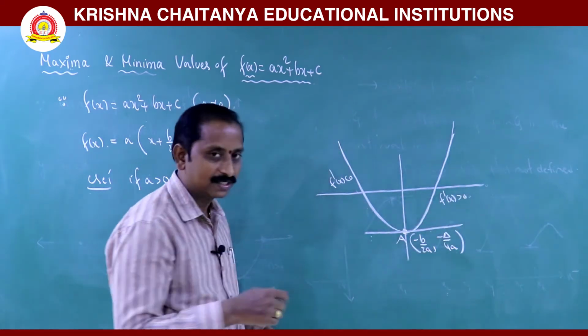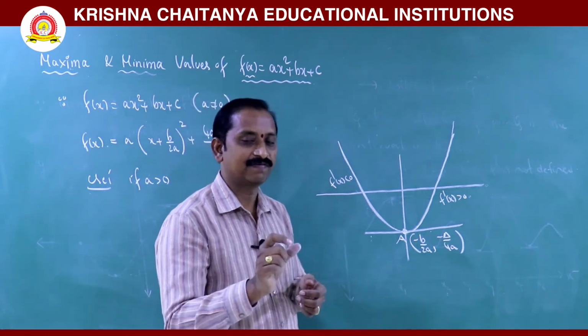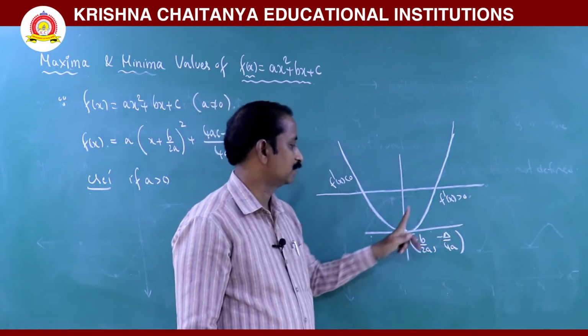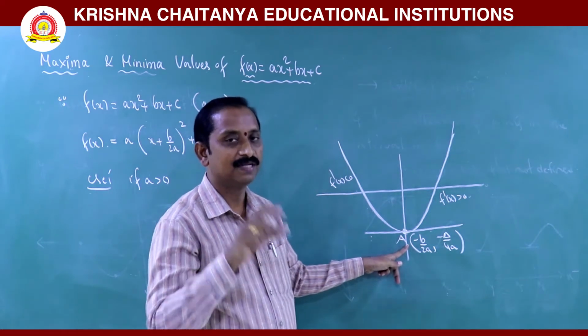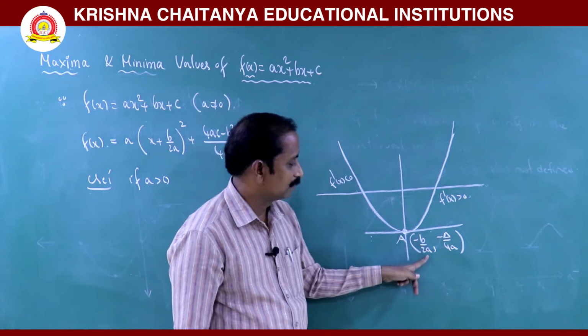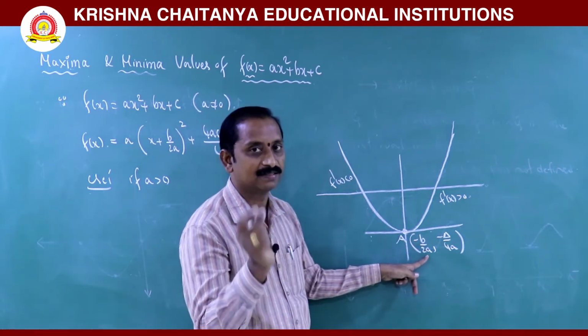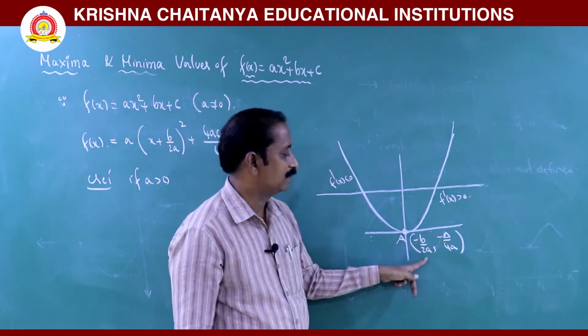Now we just discussed that where f dash of x changes sign from negative to positive, it has a minimum value. The minimum value occurs at x is equal to minus b by 2a. Reason: at critical points the curve has minimum and maximum. The critical point is at minus b by 2a.